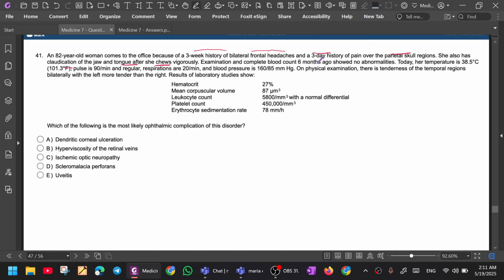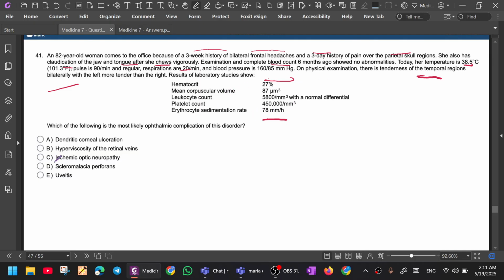Examination and CBC 6 months ago were normal. Today temperature is fine, pulse is fine, regular respiration fine, BP is high. Physical exam, there is tenderness of the temporal regions bilaterally with the left more tender than the right. Hematocrit, I believe that's low.